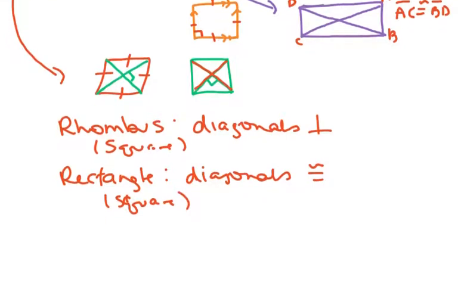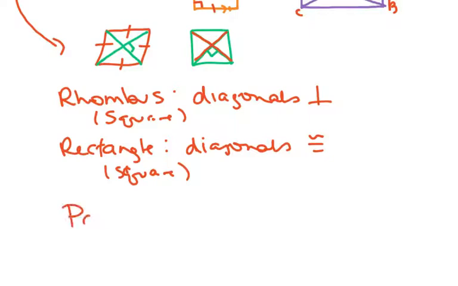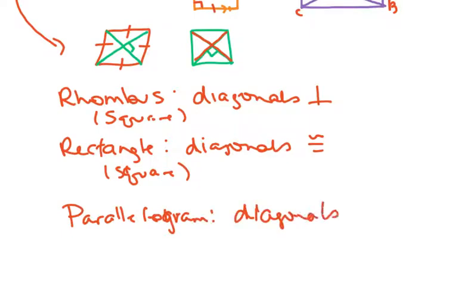Okay. Now, one other thing is that in any parallelogram, one thing that's true about its diagonals, if you just have a plain generic parallelogram, the diagonals are not congruent, one's longer than the other, they're not 90 degrees, but what they do is they bisect each other.